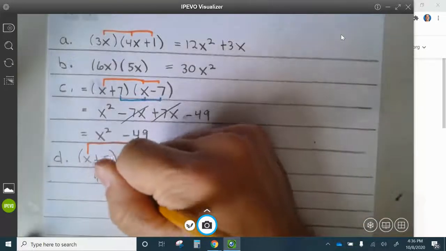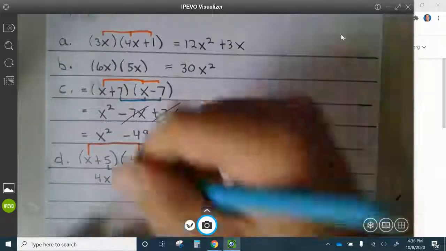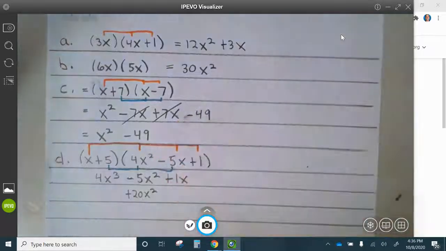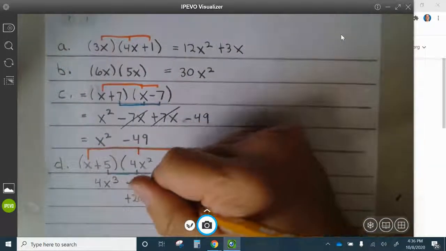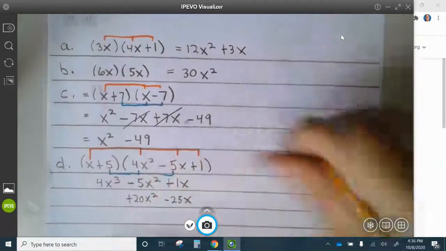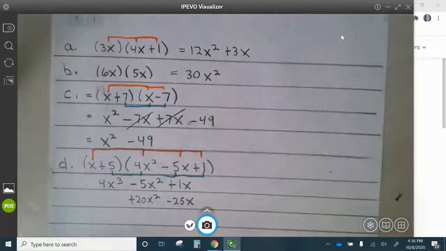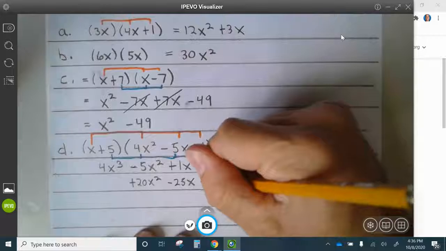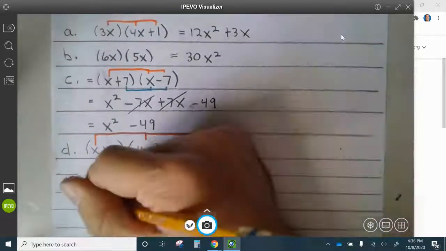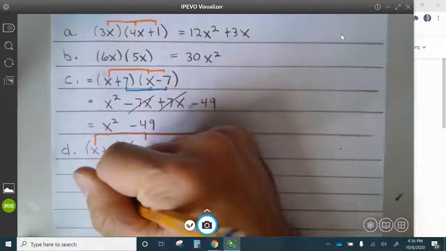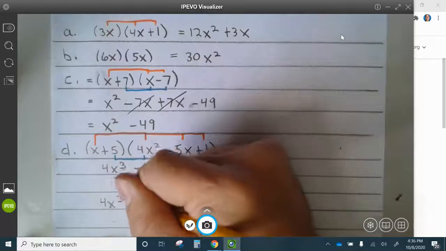So we combine, that's 4x cubed plus 15x squared minus 24x plus 5. All right, so that's 1, 2, 3, 4, so 4 terms.